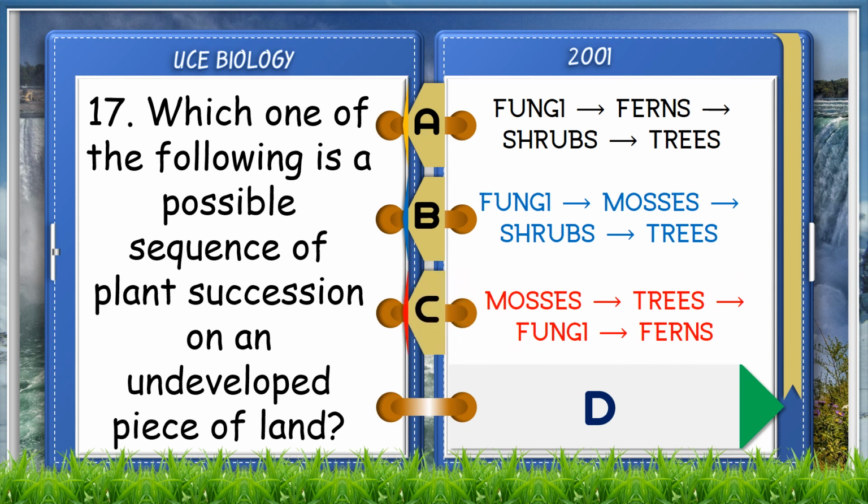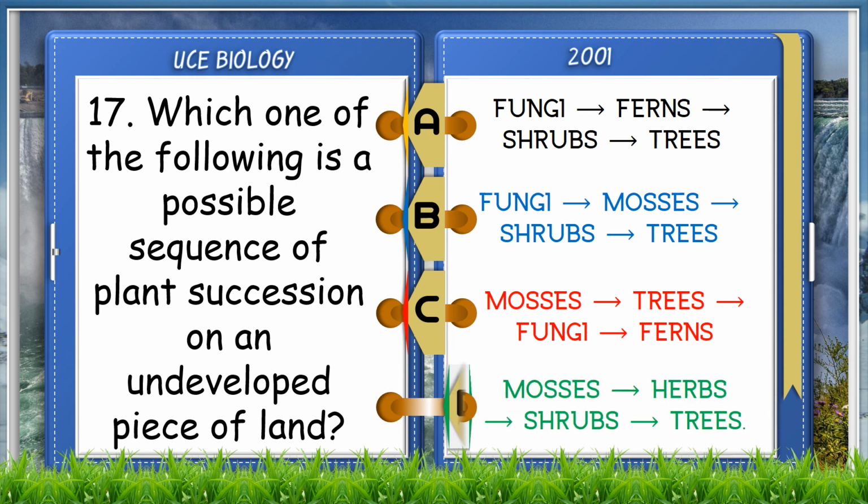C. Mosses, trees, fungi, ferns. D. Mosses, herbs, shrubs, trees. The answer is D. Mosses, herbs, shrubs, trees.